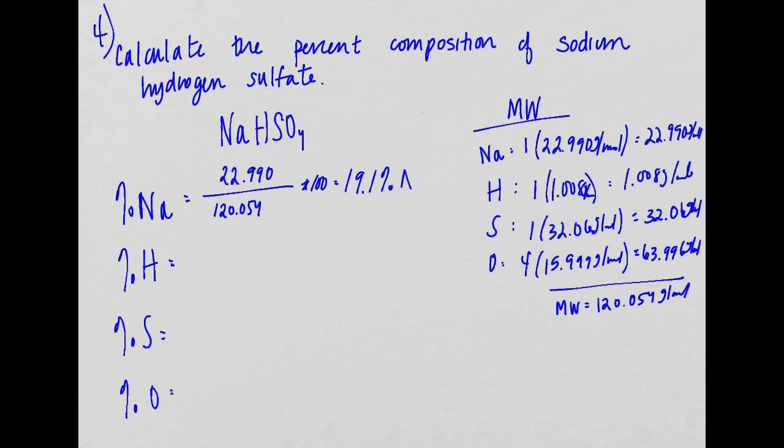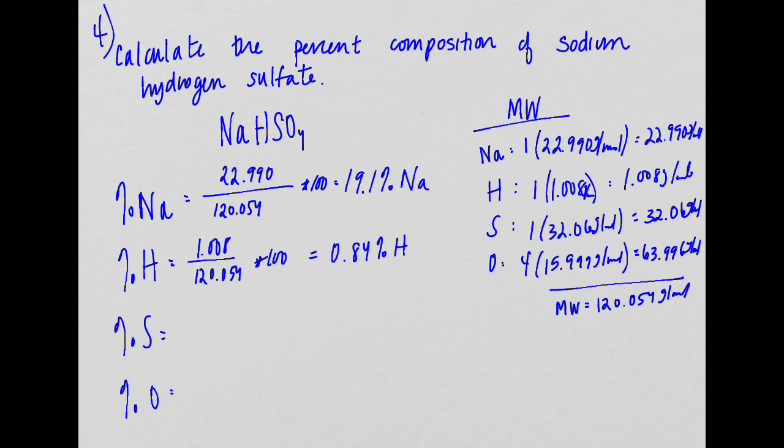We'll just say 19.1% sodium. Then we have hydrogen, 1.008 grams per mole divided by the molecular weight of 120.054 times 100 gives us a tiny little percentage, 0.84% of hydrogen.